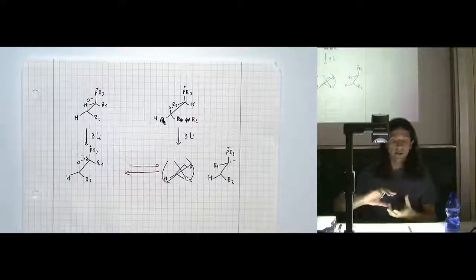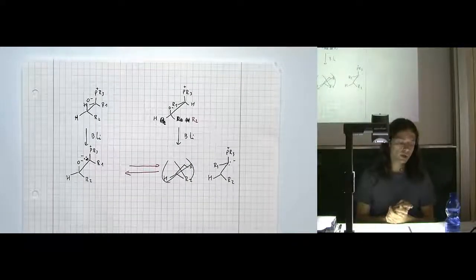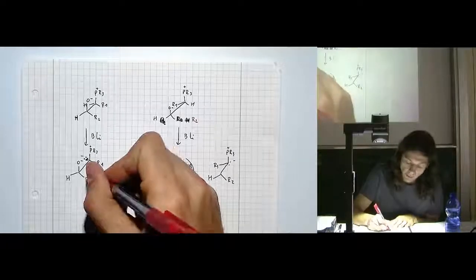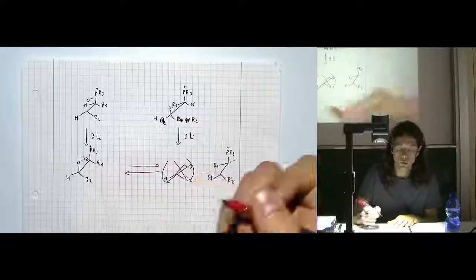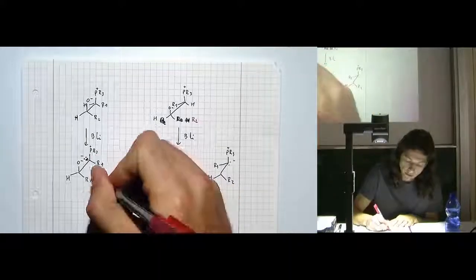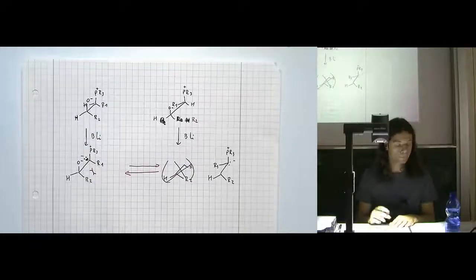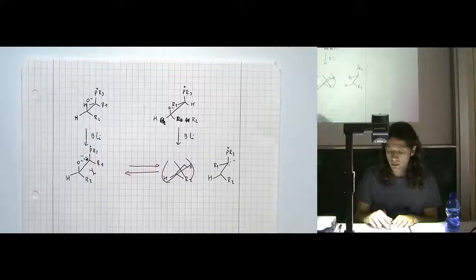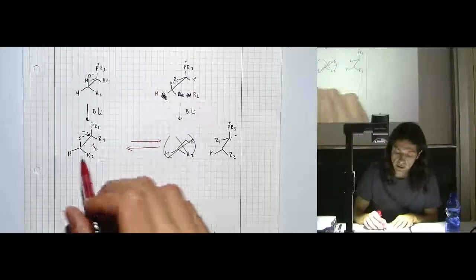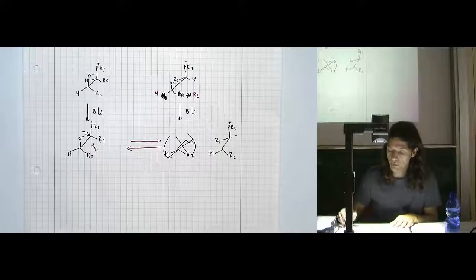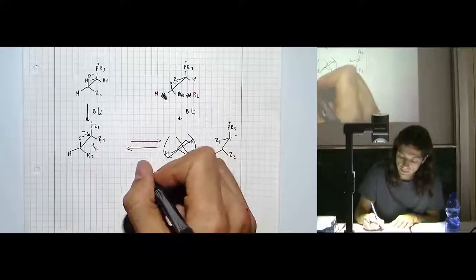Of course, they evolve in such a way to reduce the steric hindrance as much as possible. So here, for example, we have the two bulkier groups, R1 and R2, which have this interaction. Therefore, this reaction prefers to go in this way.